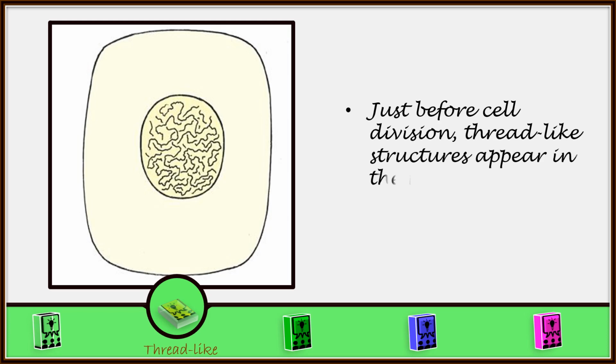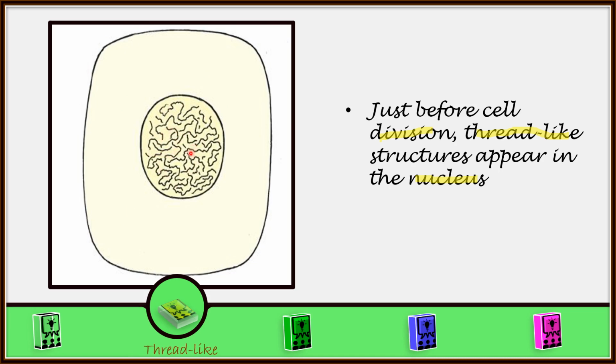Just before cell division, thread-like structures appear in the nucleus. Before the cell starts the stages of cell division, you will see thread-like structures in the nucleus.